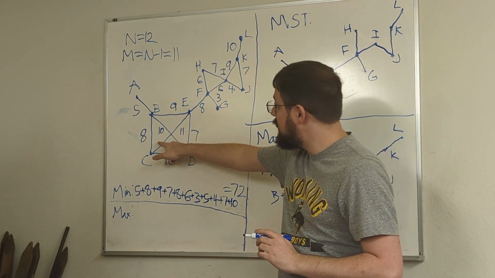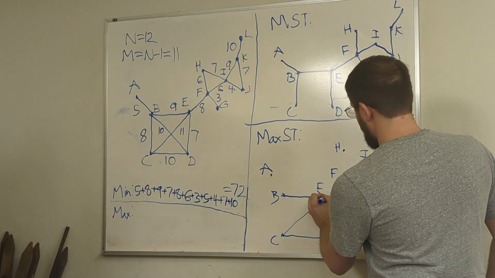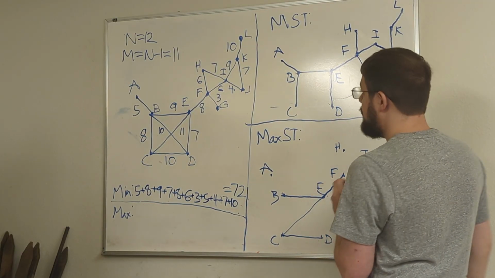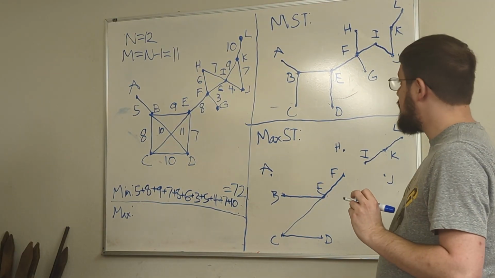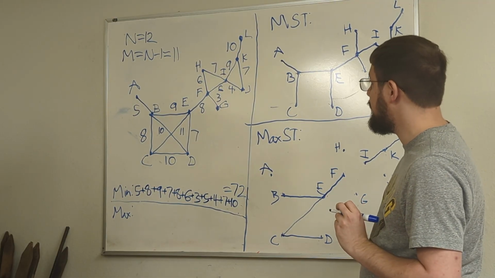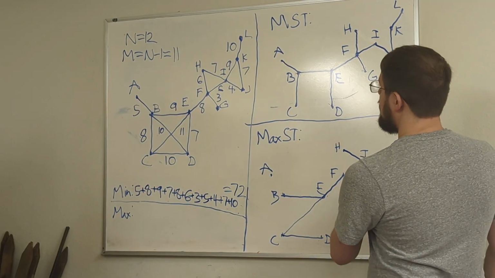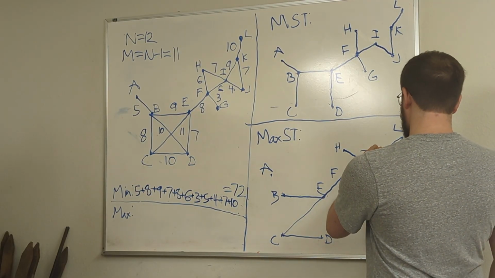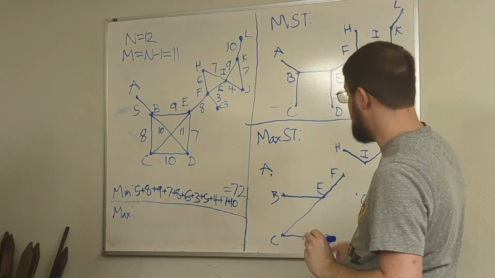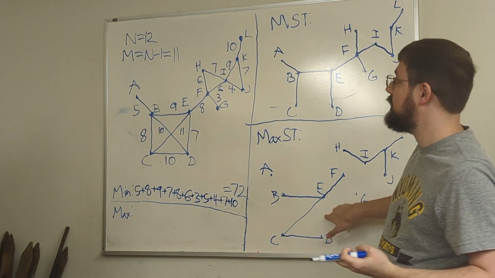We also have one here from B to C, but we don't want to add that because that's going to make a circuit. But we can go ahead and add the E to F one. Next is 7, which we have three different places. So from H to I, from J to K, and from D to E, but we don't want to add the D to E one because that also creates a circuit.